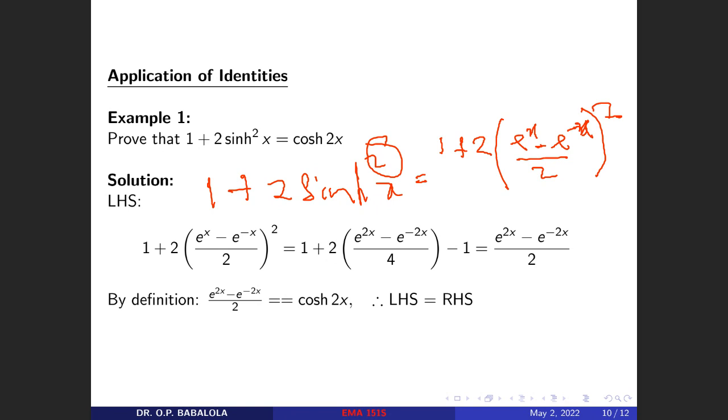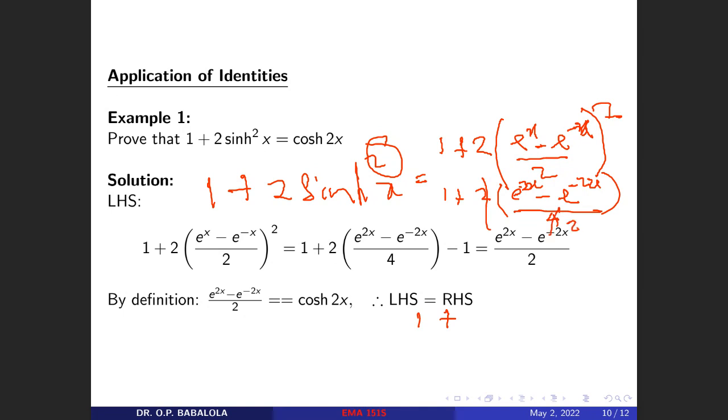All right. You need to expand. You need to not even expand this. So I've not expanded. I've just taken the square of each element here. It will be exponential 2x minus exponential minus 2x over 4. That's what I've done. All right. And what I've done further is to just divide this.